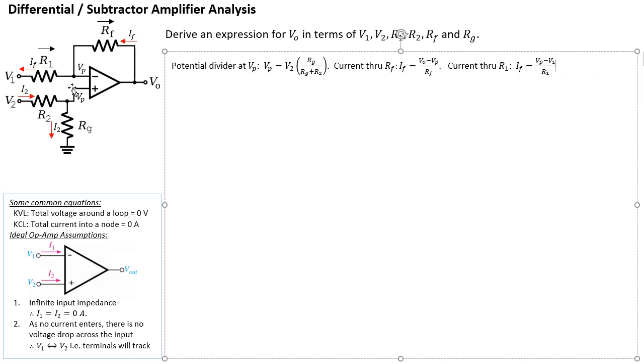Okay, so that's our equation for the two IF, and of course they are going to be the same.